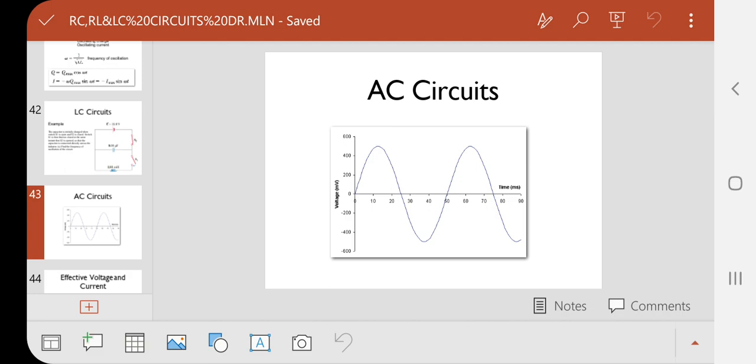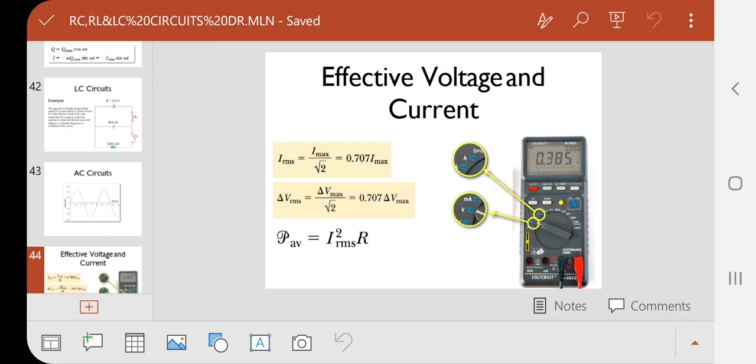Now this is the AC circuit, and this is how the oscillating voltages are produced. The effective voltage and current, the IRMS, is measured using an ammeter, milliammeter or microammeter, or a voltmeter or multimeter. The IRMS is equal to I max by root 2, which is 0.707 of the I maximum value.